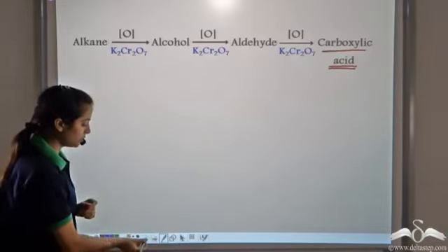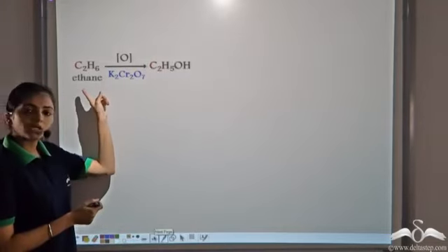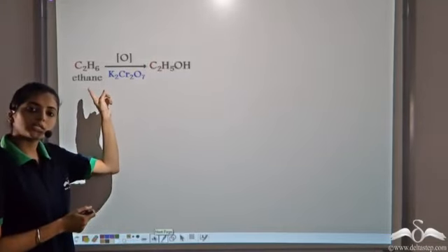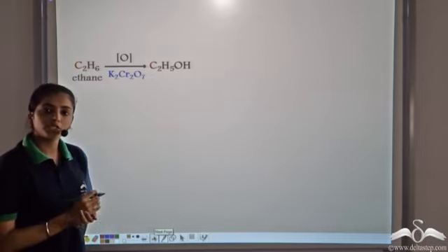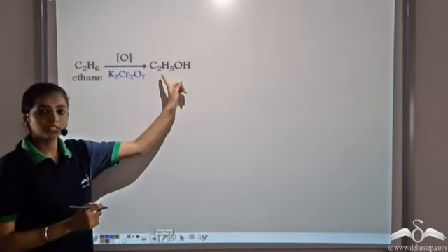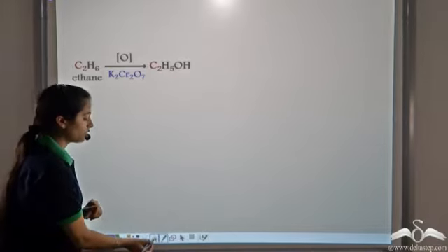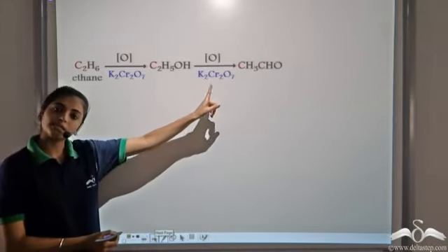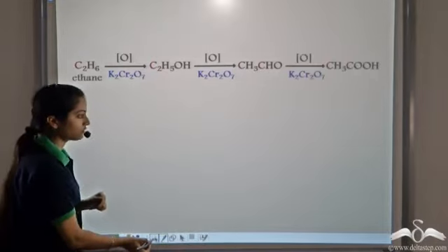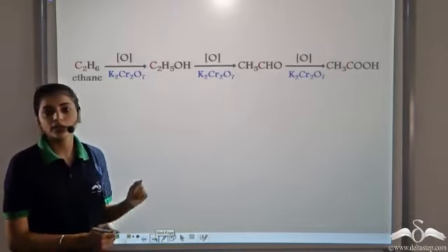So let's take an example. We start with ethane. The oxidation of ethane in the presence of potassium dichromate gives us C2H5OH, which is ethanol. The oxidation of ethanol gives us ethanal. The oxidation of ethanal gives us ethanoic acid.